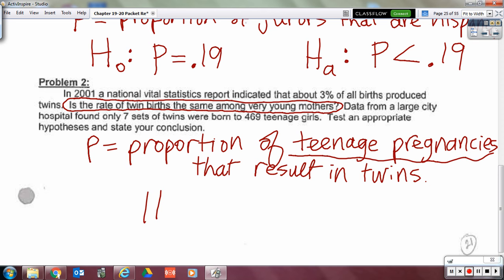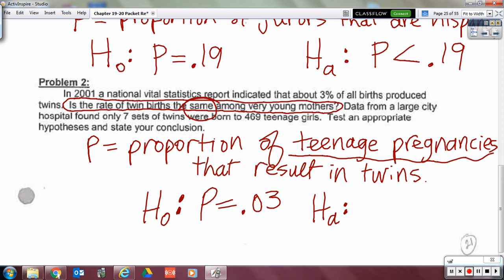First of all, our null hypothesis would be that P, the proportion of teenage pregnancies that result in twins, would be what? 0.03. Good. So we start off saying it's the same as everybody, and then we see if we have evidence against that. So then the alternative says we're wondering if it's the same.